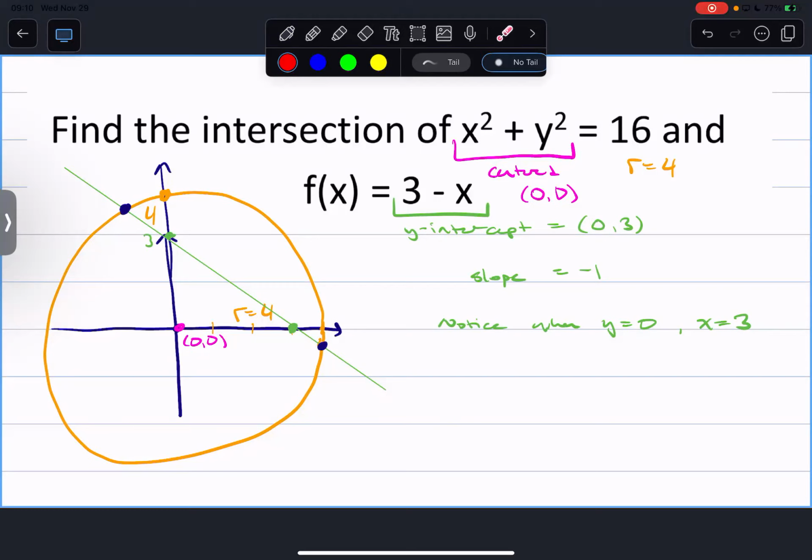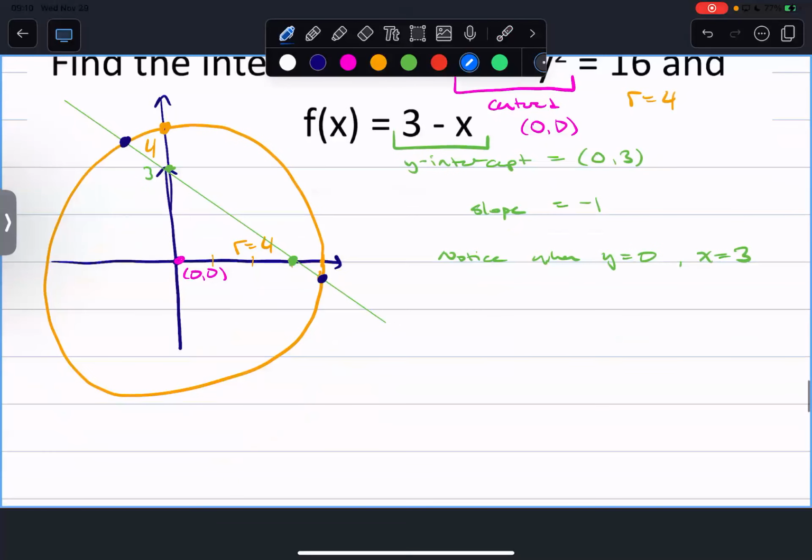I could make a substitution. Usually when I'm trying to solve for the intersections of 2 lines, then I have 2 functions and I can set them equal to each other. We're going to do a similar thing, except now, so we're given y is equal to 3 minus x.